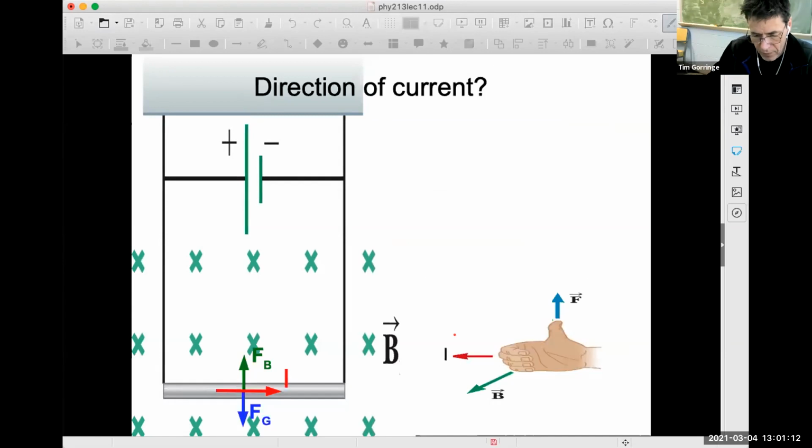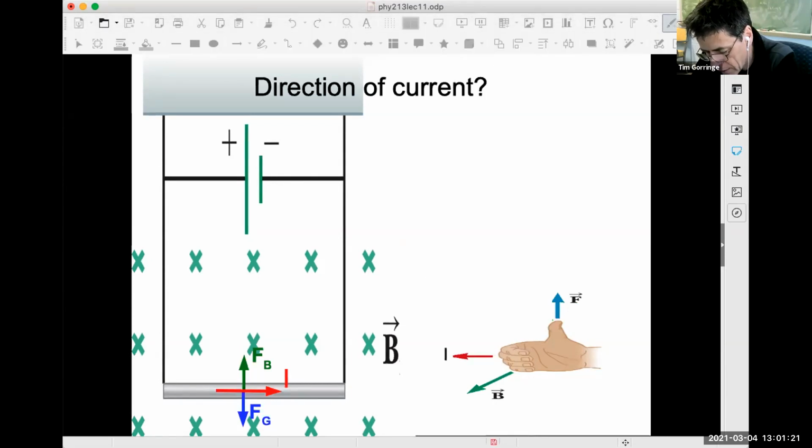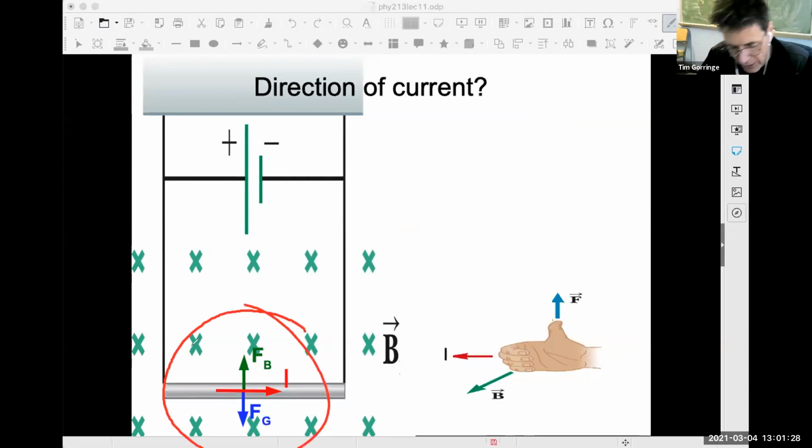Okay, so with that understanding, I first set about answering the question of what's the direction of the current. So let's look at this sketch here. So the key thing is that I know that gravity, the force of gravity, is pulling this conductor downwards towards the Earth.